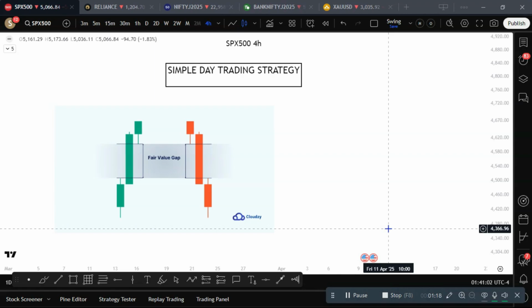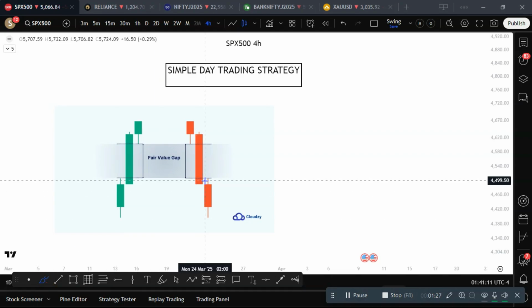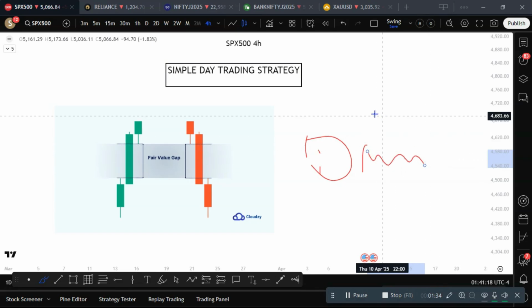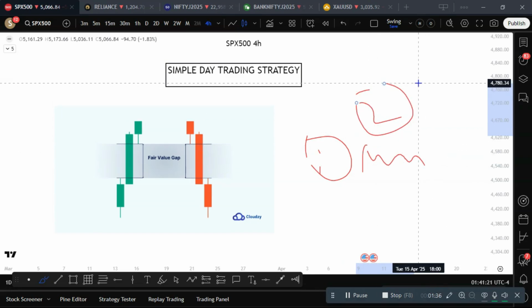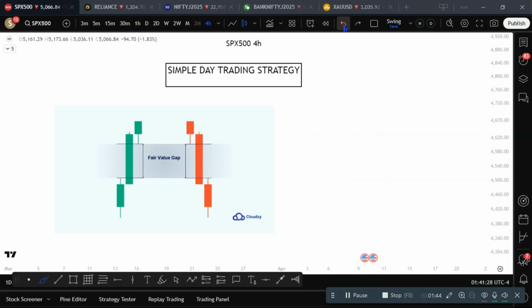So the strategy is very simple. It is based on fair value gap. Now if you do not know what is fair value gap, fair value gap means imbalance. So the market moves in two ways. One is a balance state, in which the market is balanced, and second is an imbalance state, in which the market expands fast. Okay, so the fair value gap is simply the gap between candle number 1 and candle number 3.